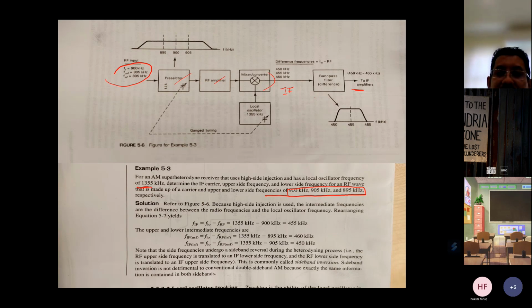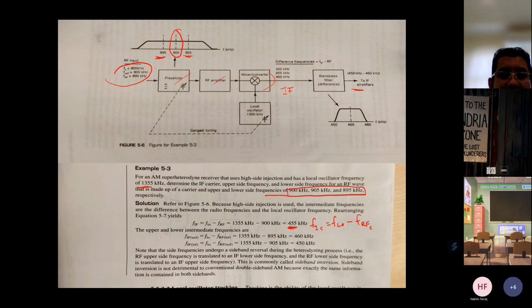So macam mana kita nak mencari IF center? Dia adalah FLO tolakkan dengan FRF center. Centernya di mana? Kalau you lihat centernya dekat 900 ni. Julatnya daripada 895 sehinggalah 905. Okay, so we get 455.